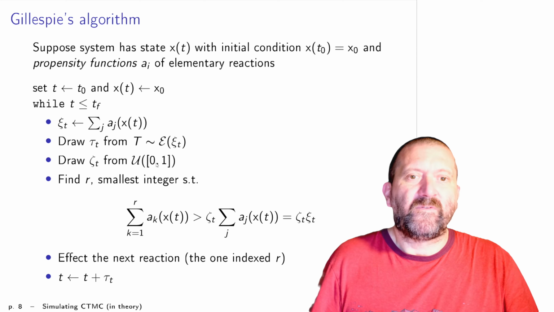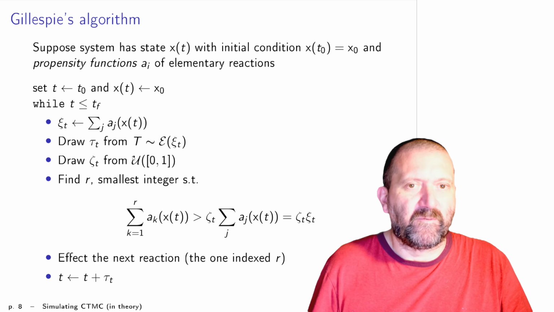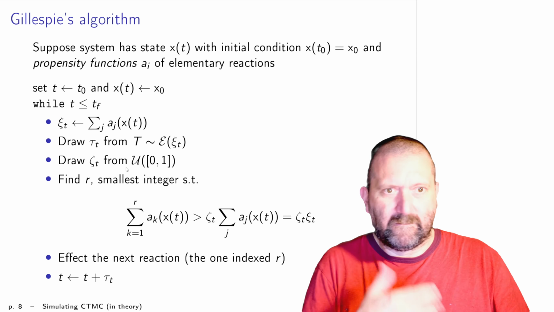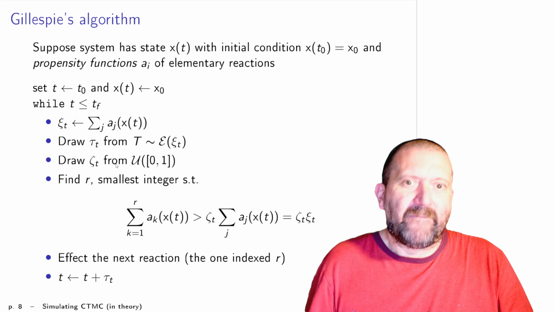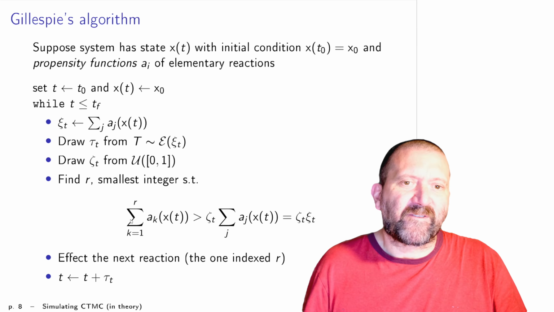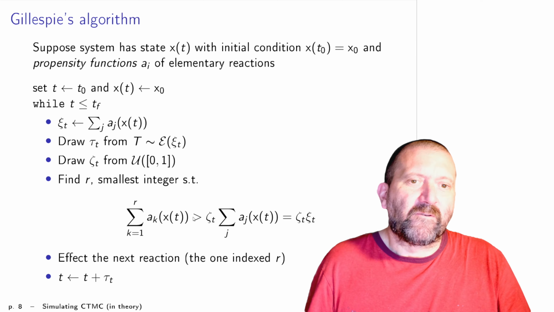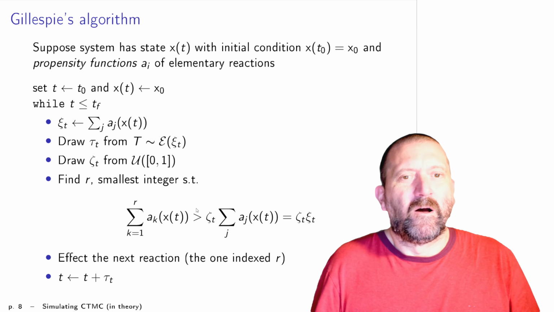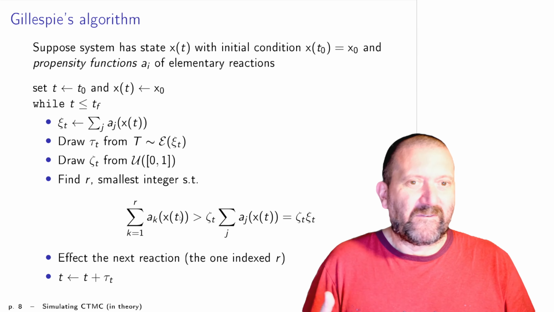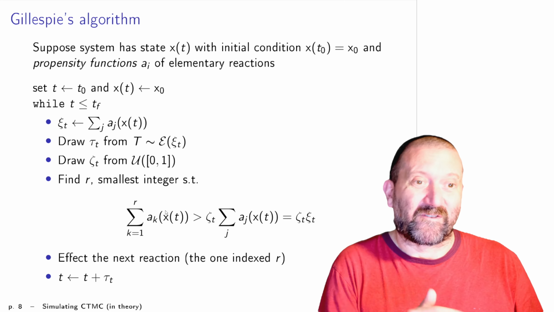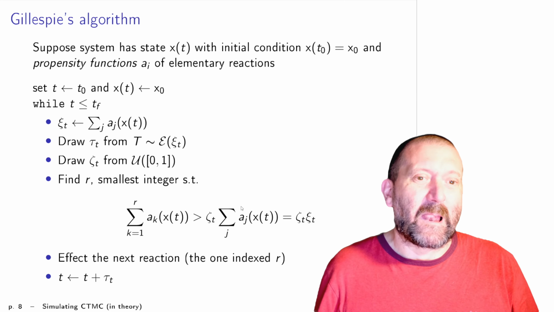You also take a uniformly distributed random variable in the interval 0, 1, and then what you're looking for is the smallest integer so that the partial sum of the weighted values is larger.